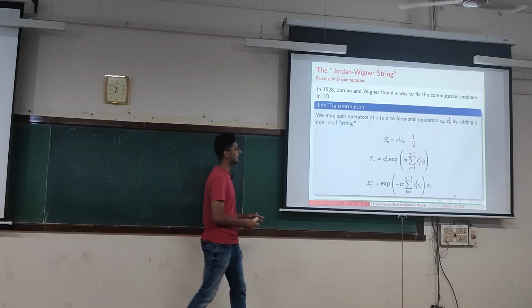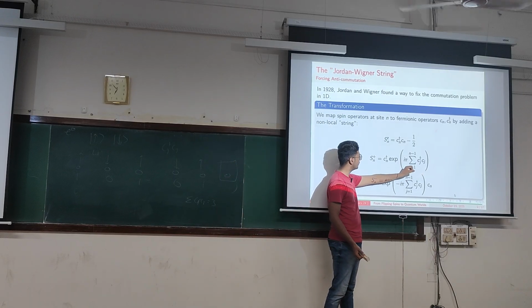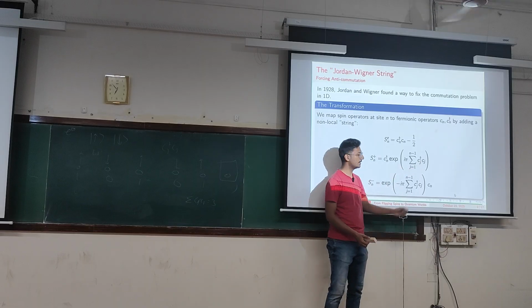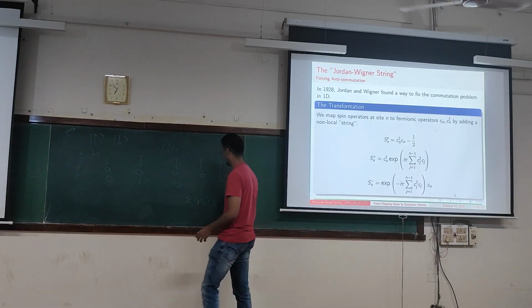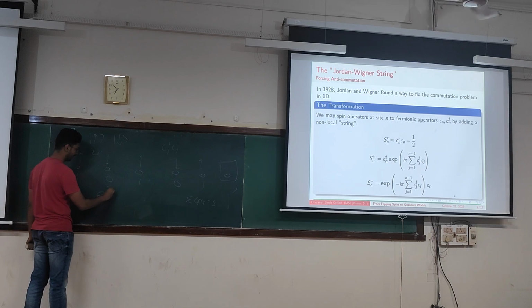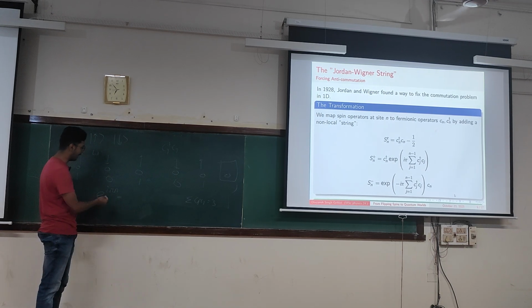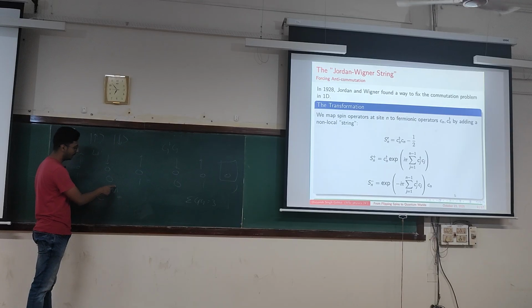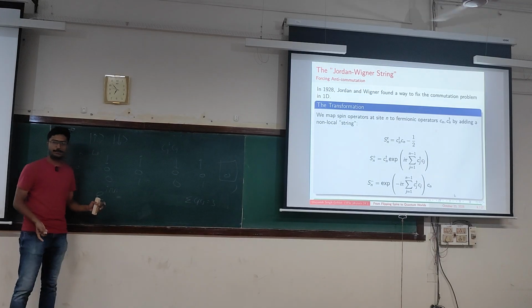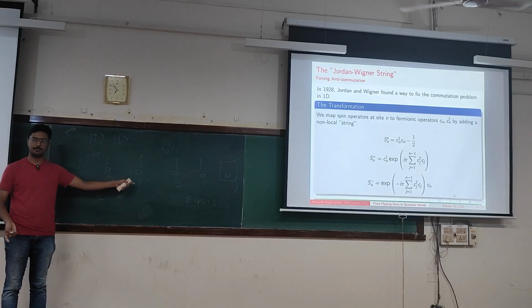All these are integers, so 1, 2, 3, 4, 5, 6, and so on. So I pi n will be like 1, 2, 3, 4. So it will be just 1, minus 1, 1, minus 1, 1, minus 1, 1, minus 1.